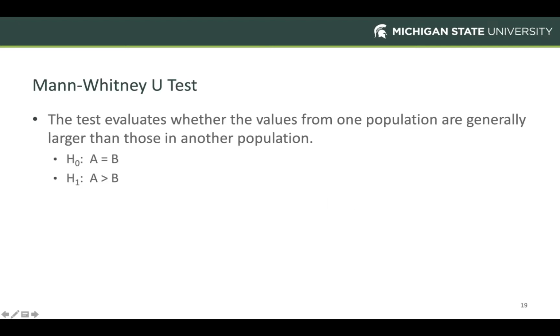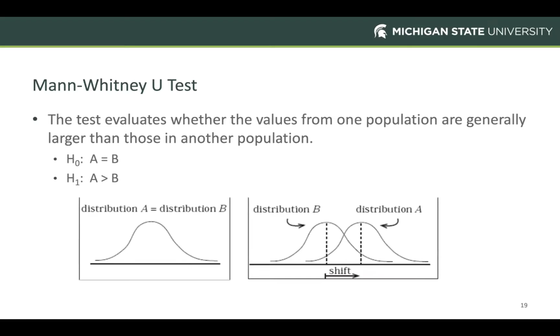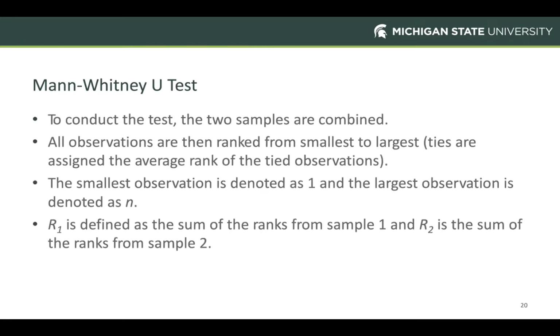And so thinking about that conceptually, and the same is true of the sign test, what we're basically assessing is whether or not one of those distributions is shifted to the right or left of the other distribution. Okay, and so because what we're basically doing is we're just comparing the relative values between these samples, similar in some contexts to what we're doing with the sign test previous to this.